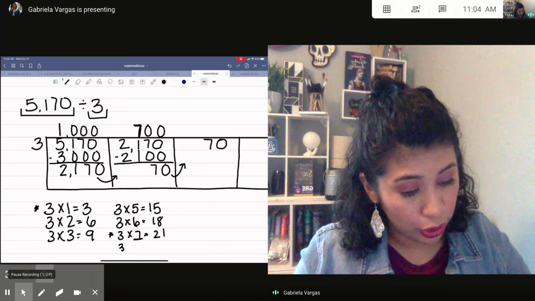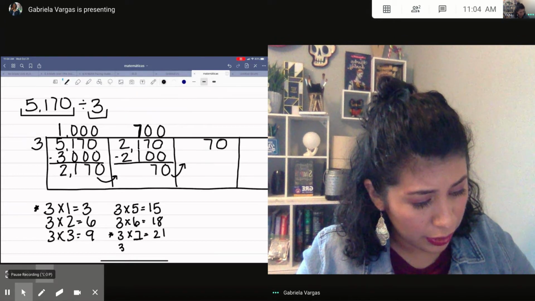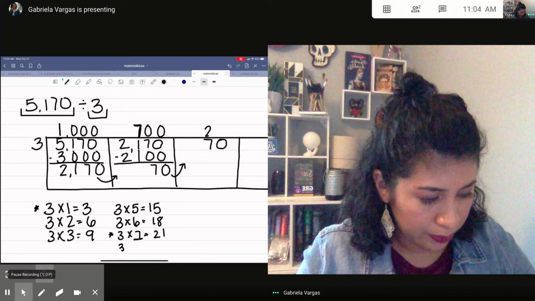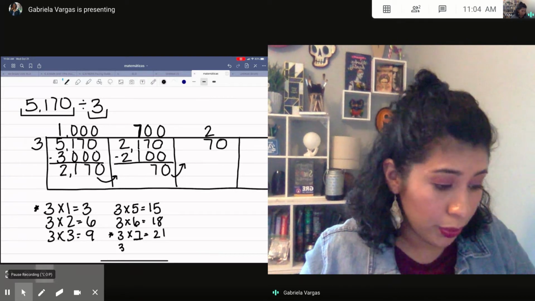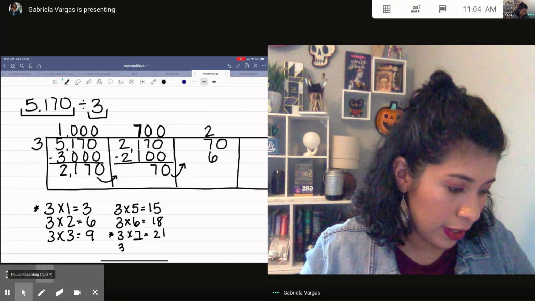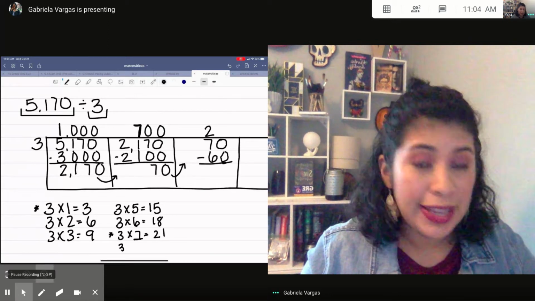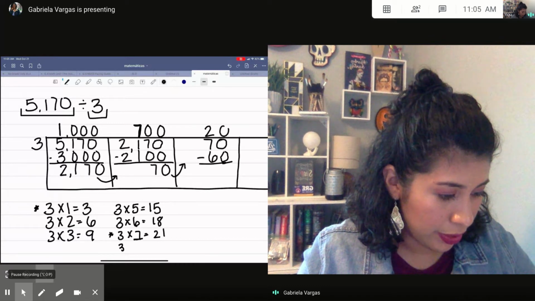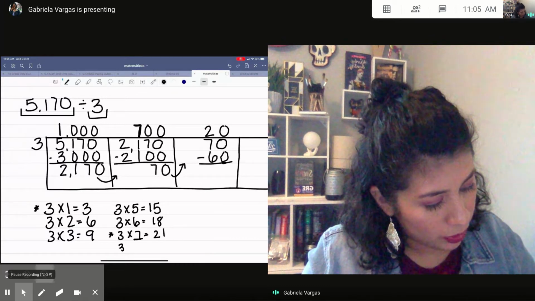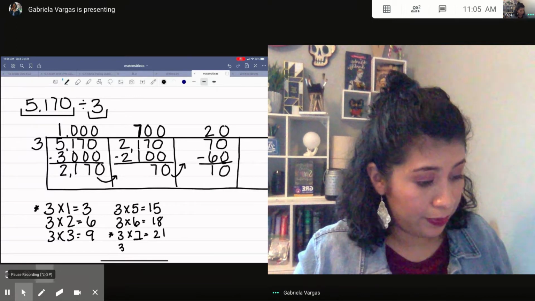So I'm going to use 2, and I'm going to put it right above that 7. Okay, so now 3 times 2 is 6. And again, this 7 is in the tens place, so I will add a 0 down here. Now subtract. I'm left with 10.